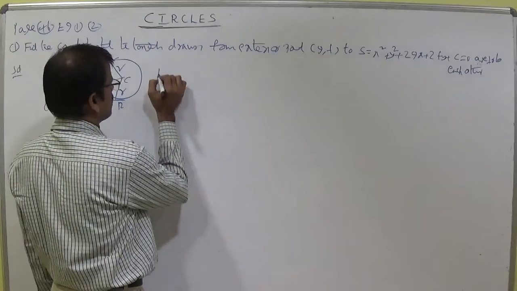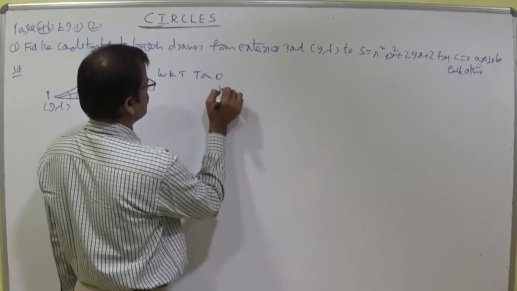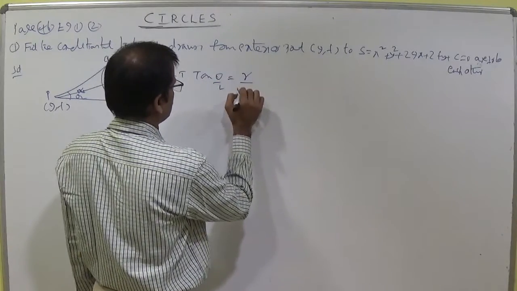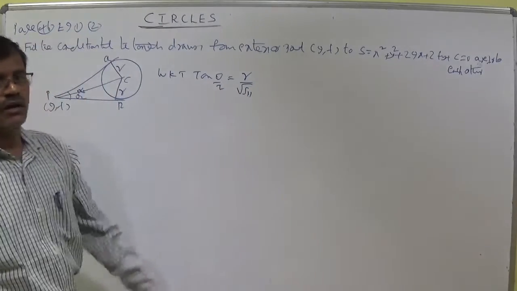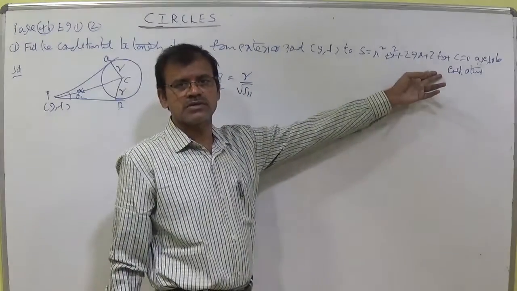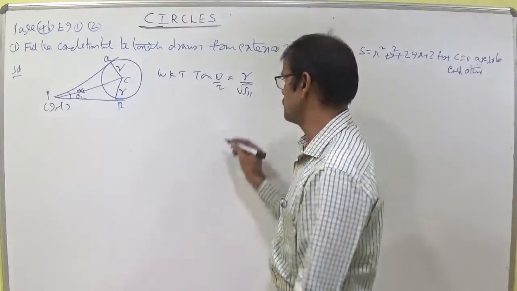We know that the angle between the tangents, just now I proved, tan(theta/2) is equal to R by root S11. What is R here? Using the circle x square plus y square plus 2gx plus 2fy plus c equal to 0, R is root of g square plus f square minus c.